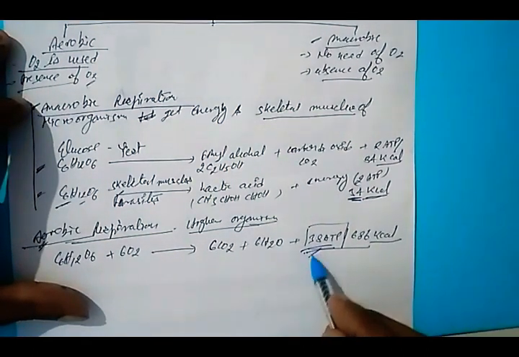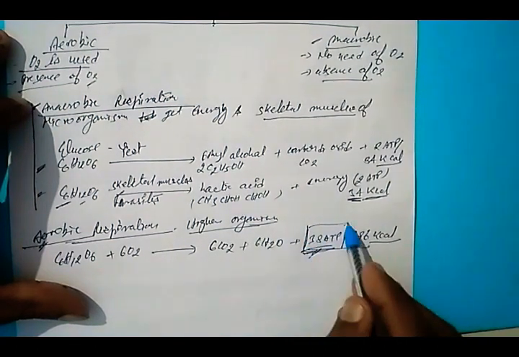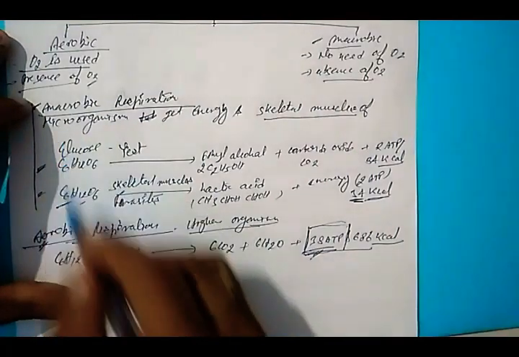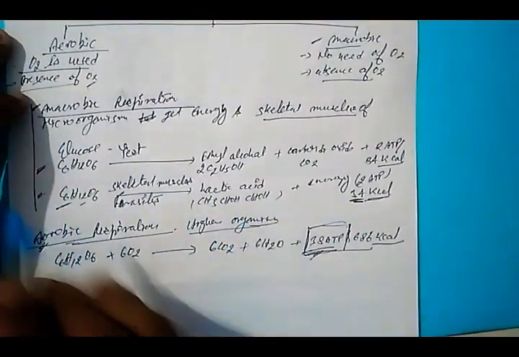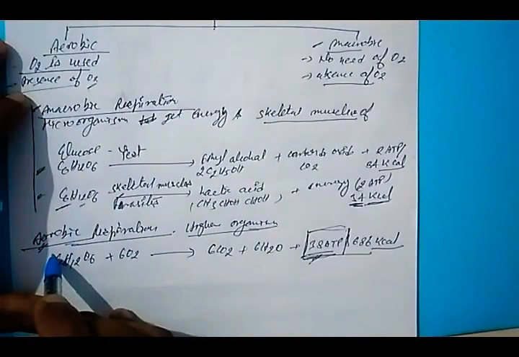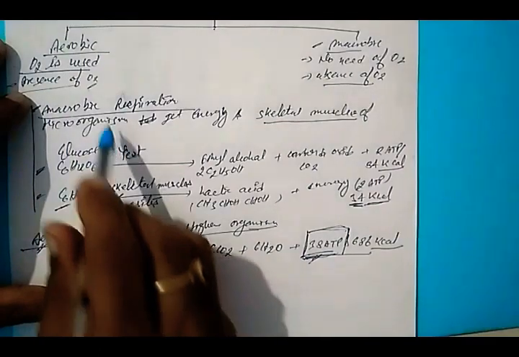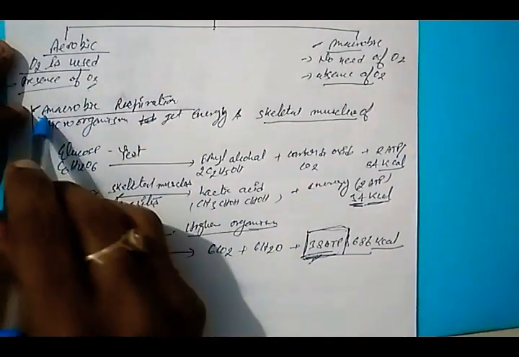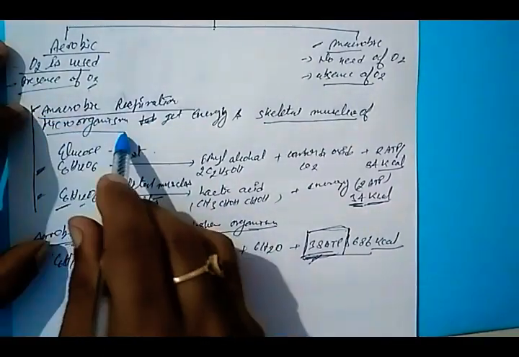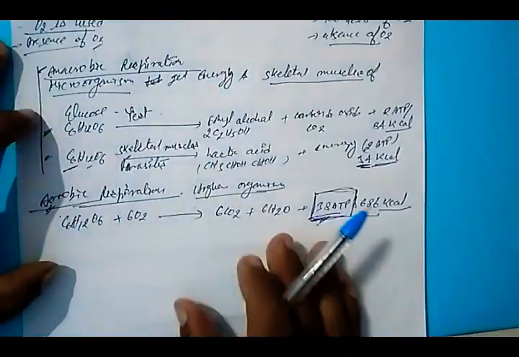So this is another big difference between aerobic and anaerobic respiration. First difference, there is no need of oxygen. Another, high amount of energy is produced. Third difference, anaerobic respiration takes place in microorganisms, and aerobic respiration in higher organisms.